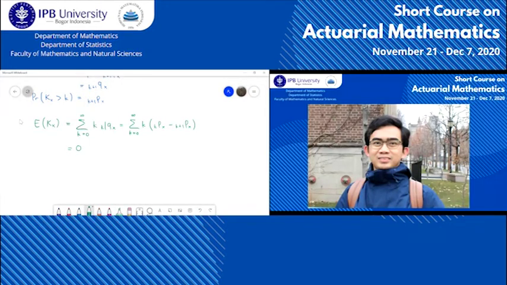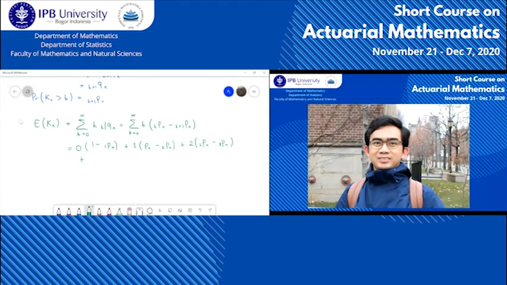For k equal to 0, 0 px is 1 minus 1 px. Plus for k equal to 1, 1 times px minus 2 px. Plus for k equal to 2, 2 times 2 px minus 3 px.